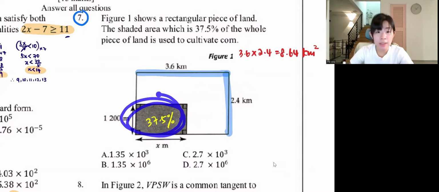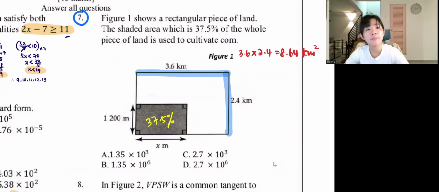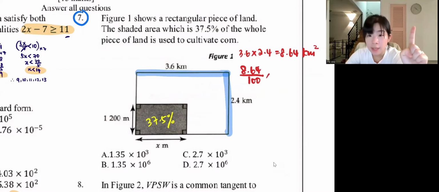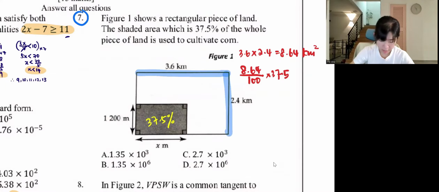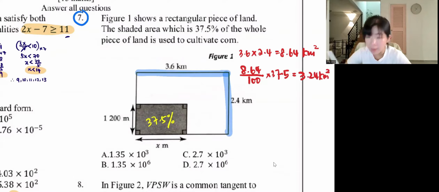But this area is only 37.5% of the whole area. So we take the whole area 8.64 divided by 100%. You divide by 100, find 1% is how much? And then times 37.5. Then you can find the shaded area. Okay, so we found that the shaded area is 3.24 km square.